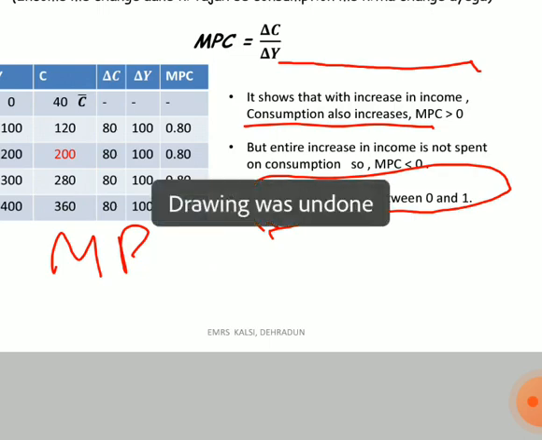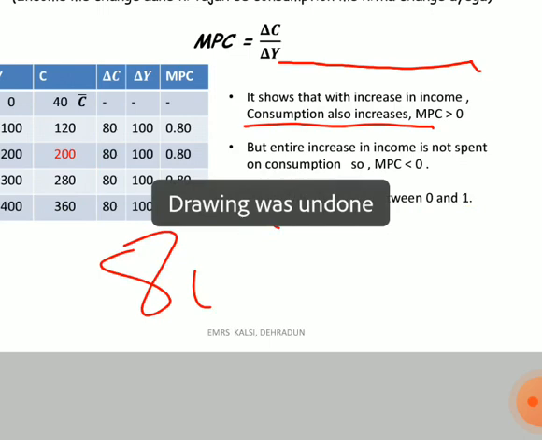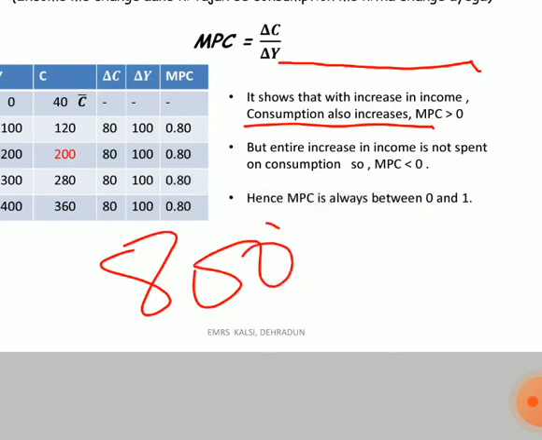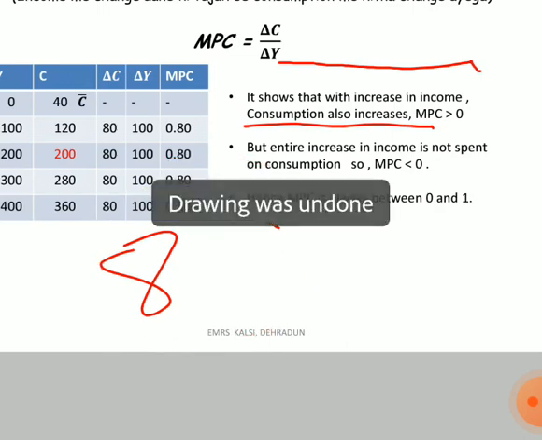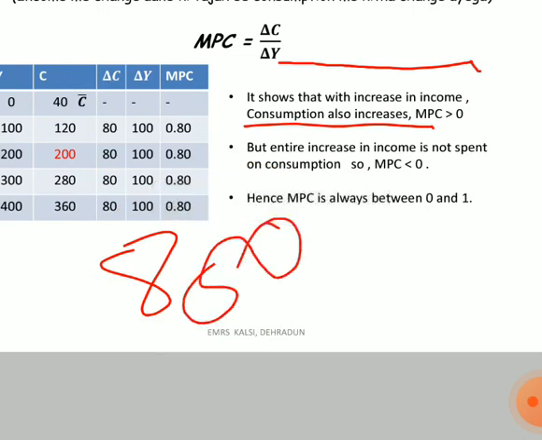Suppose we are getting rupees 800 extra, then we can spend all the money. The second possibility is we can spend less than 800; out of 800 we spend only 600, so MPC will be less than 1.